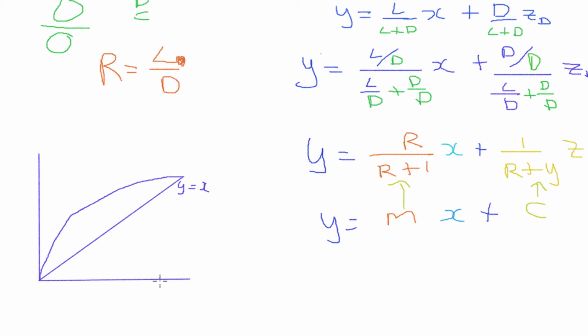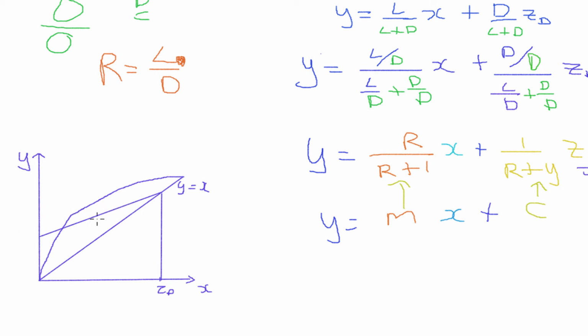We first go by the point zD and draw a vertical line upward to the y equals x line, the 45-degree line. Now we can construct our upper operating line. We start at this point on the y equals x line and draw our straight upper operating line, and it should look something like this.